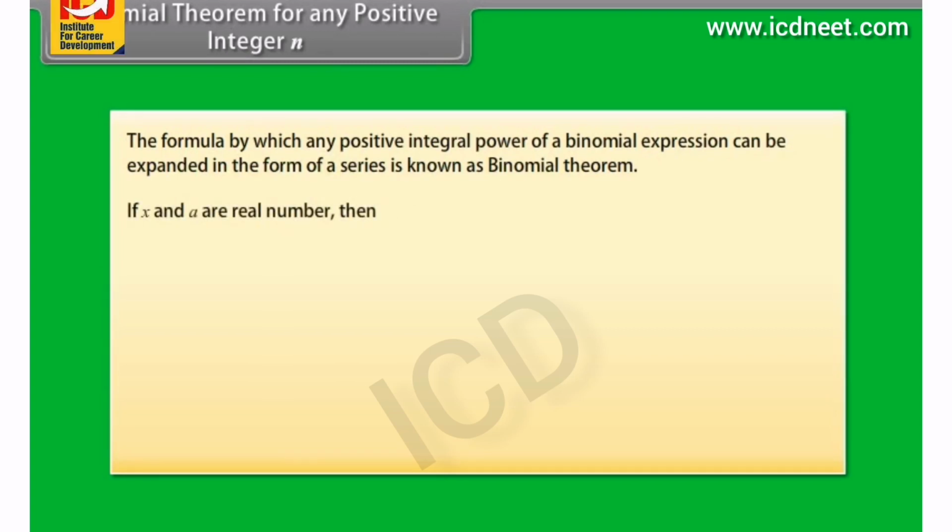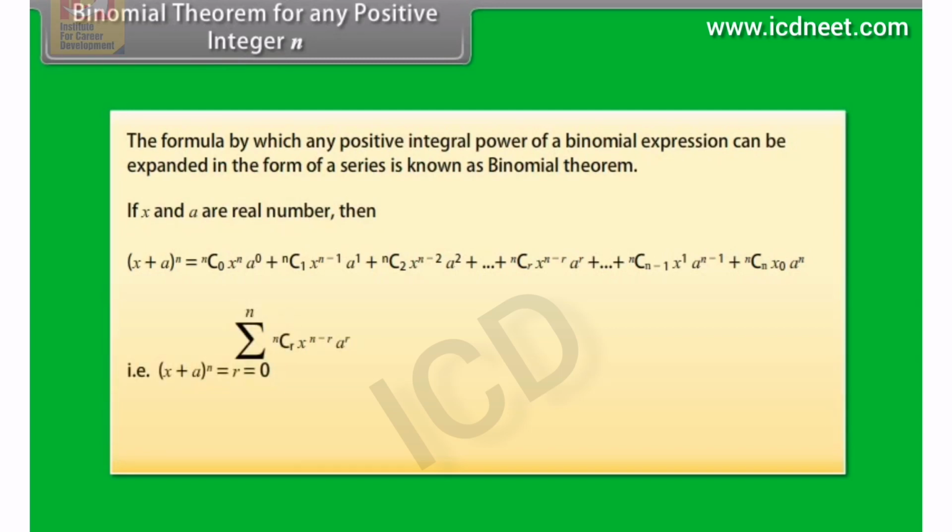If x and a are real numbers, then (x + a)^n is equal to summation from r = 0 to n of nCr times x^(n - r) times a^r. Binomial theorem can be proved by induction.